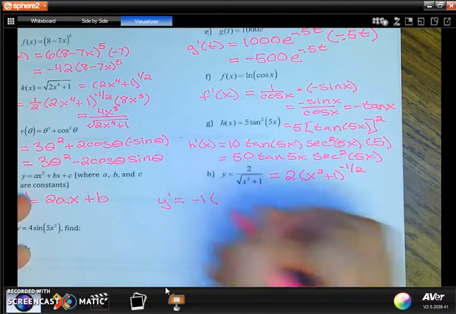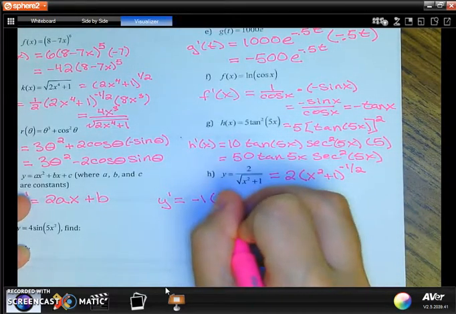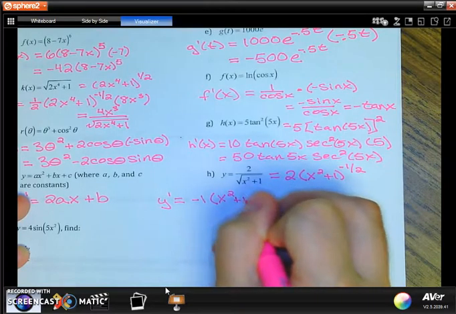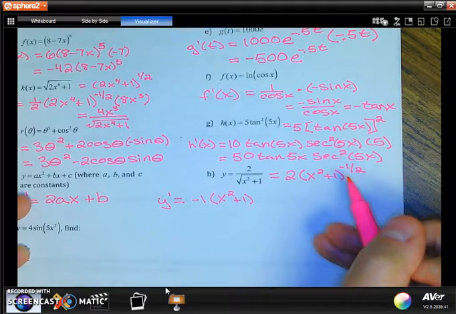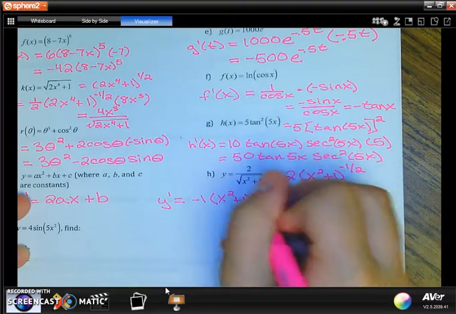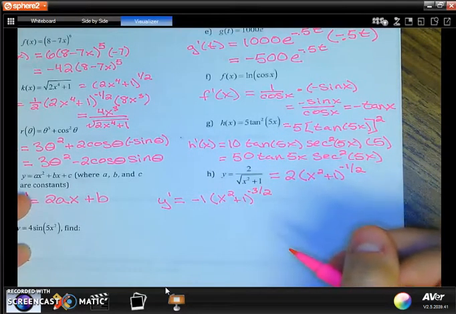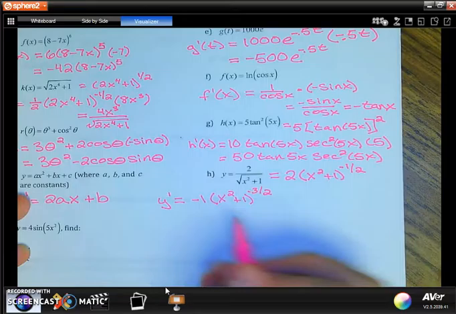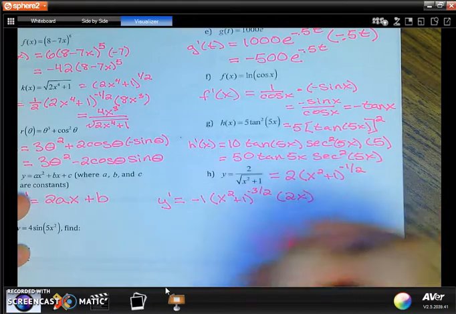You can write a negative 1 if it makes you feel better. And I recopy what's in the parentheses. This time it's x squared plus 1. I decrease the power by 1. So if my power was negative 1/2 and I subtract 1, that's going to be a negative 3/2. And then I need to multiply that by the derivative of what's inside these parentheses. So the derivative of x squared plus 1 is just 2x.